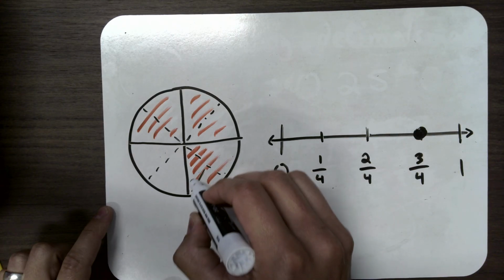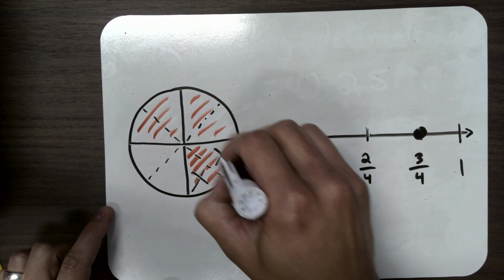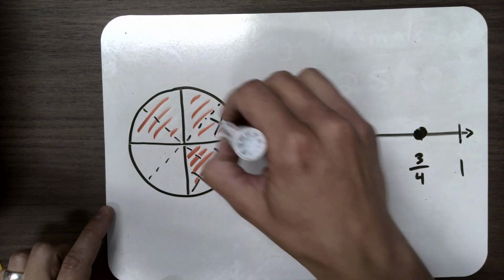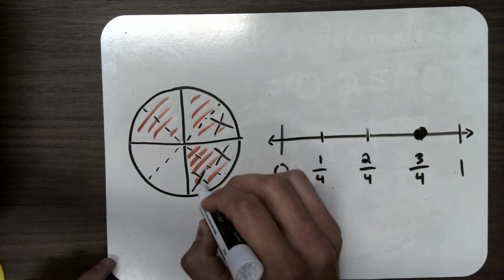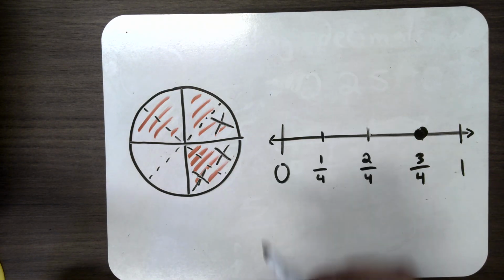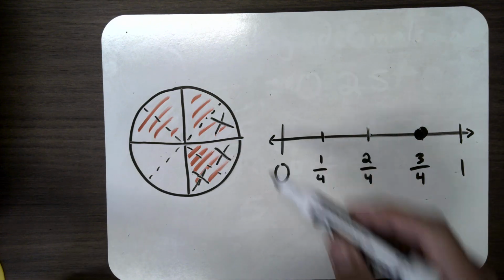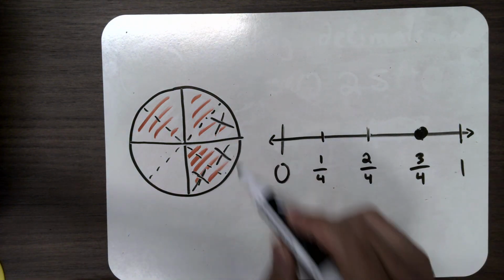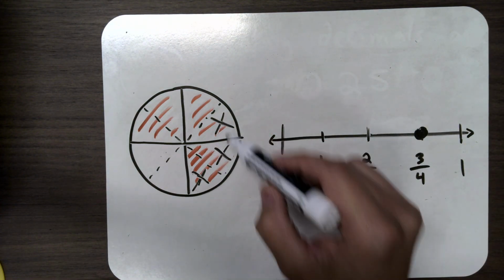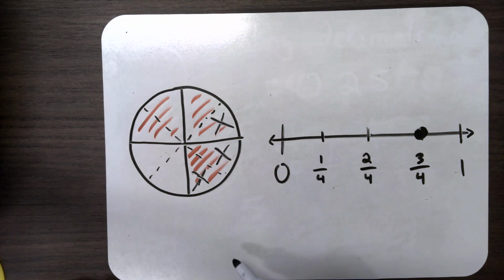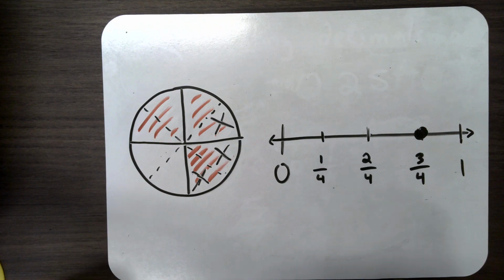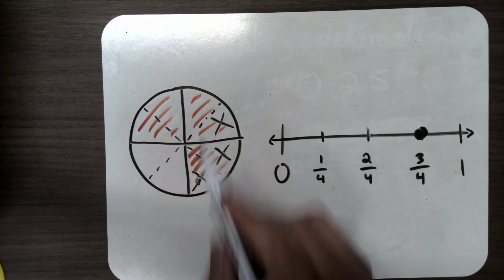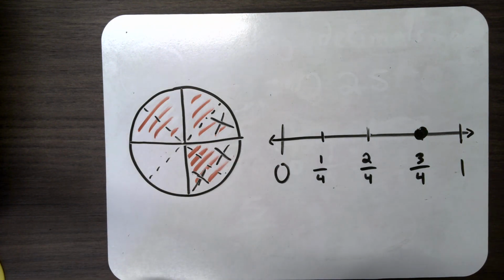Okay, so I can take away this one, and this one, and this one. So here's an example of where we might want to just draw x's in here rather than erasing, because as the quantity would increase, maybe we might lose track and we're not sure how many we erased. So we can verify that we've crossed out or subtracted 3 of the eighths. And that leaves me with these 3 pieces, and those are all eighths. So my difference, or my answer, is 3/8 there.